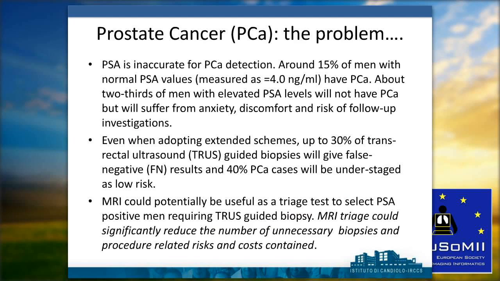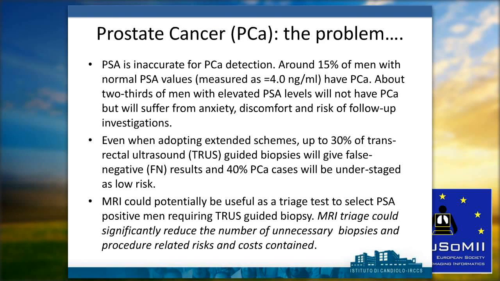The problem is also that we have some tests for prostate cancer that are pretty poor. PSA is a blood test that detects a protein in the blood, and it has a very poor performance because it has low sensitivity and low specificity.